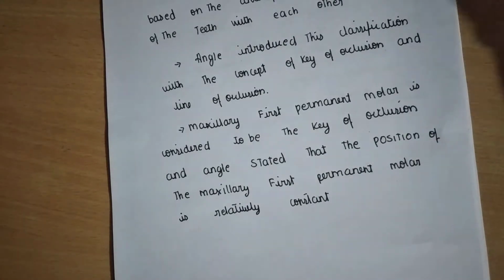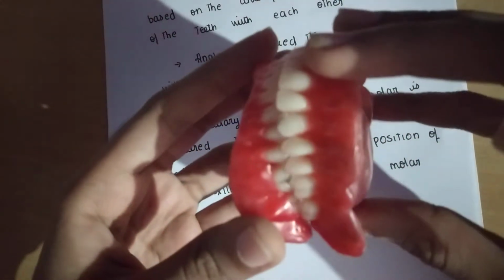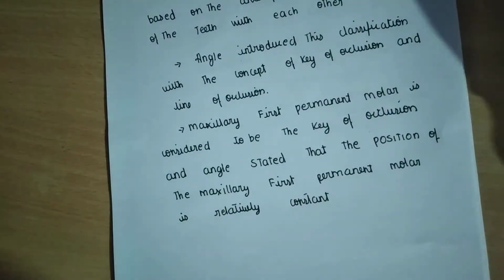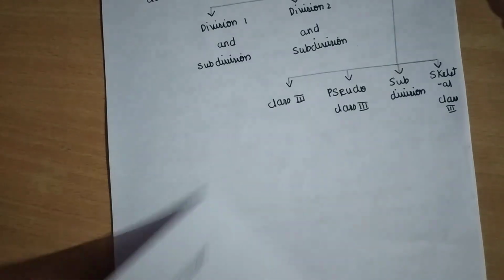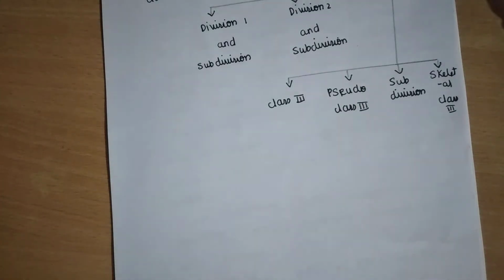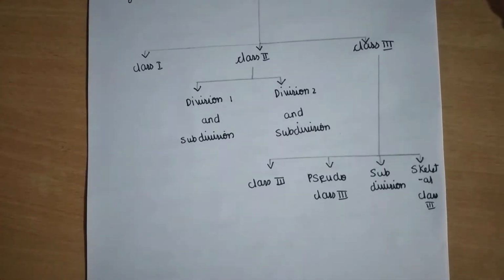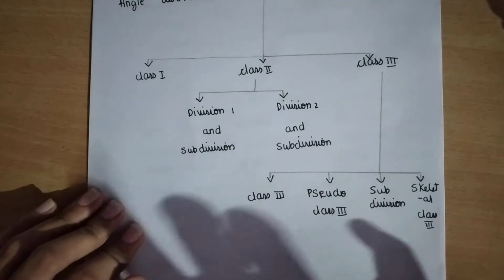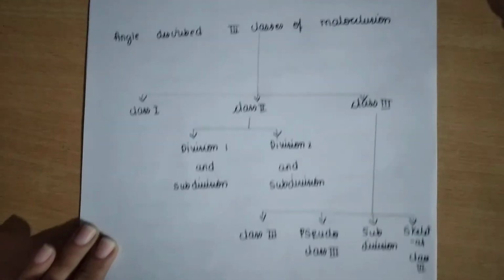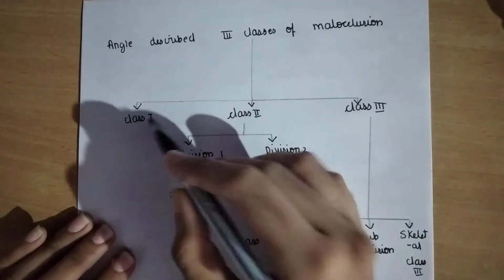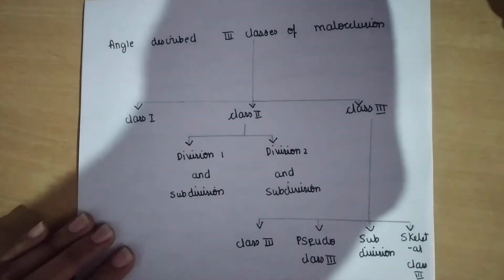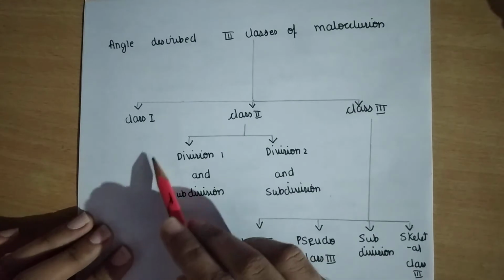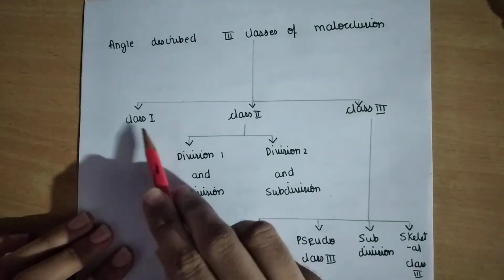So how did he classify this malocclusion? Edward Angle classified three classes of malocclusion: class 1, class 2 and class 3. We are going to discuss this in detail. First we'll discuss the class 1 malocclusion.